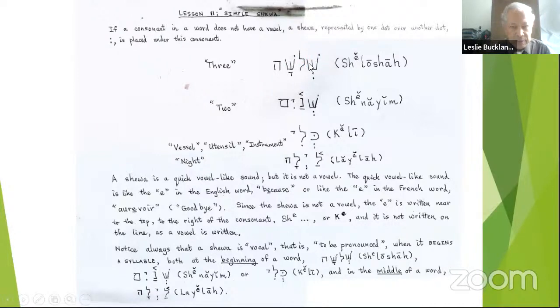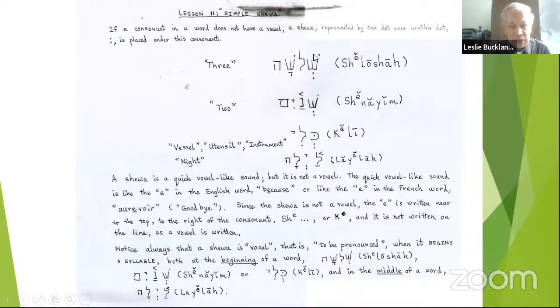Now, shin at the beginning of this word does not have any vowel. The simple schwa here is not a vowel. At best, it may be called half of a vowel, but it is not a complete vowel. And it is used whenever a letter in the Hebrew alphabet does not have a vowel underneath it.